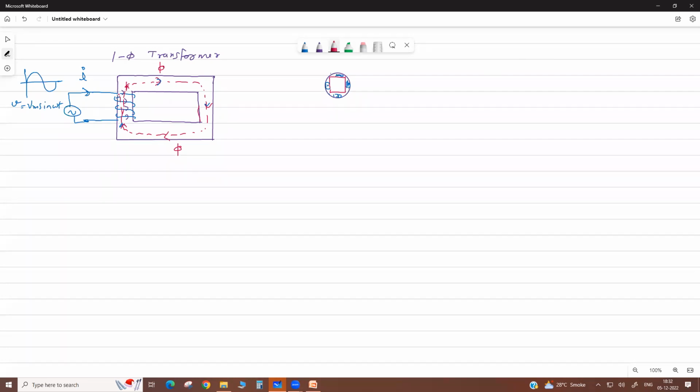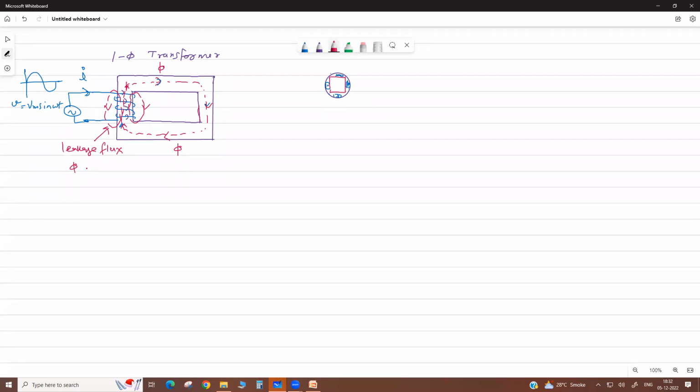But some flux comes out on this side also, due to the magnetic fringing effect, like this. This flux is called leakage flux. It is not linking, it is leakage, my dear.